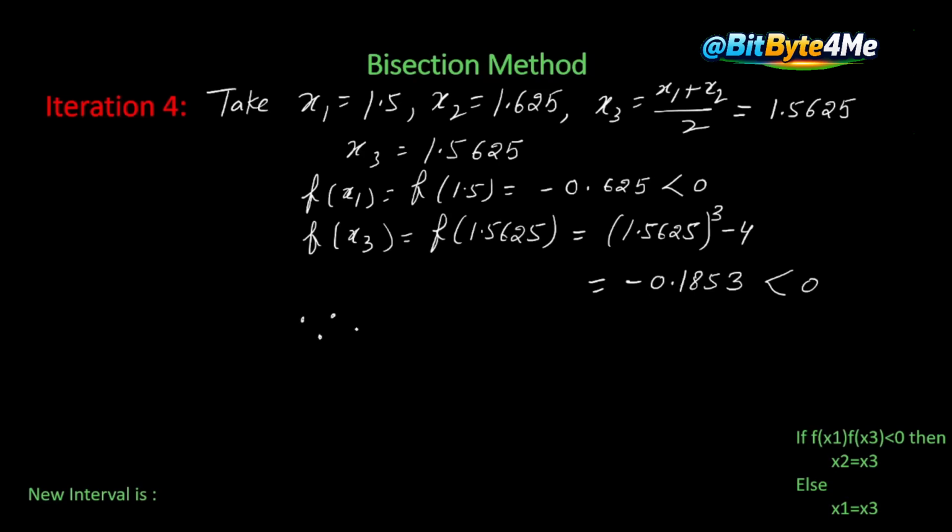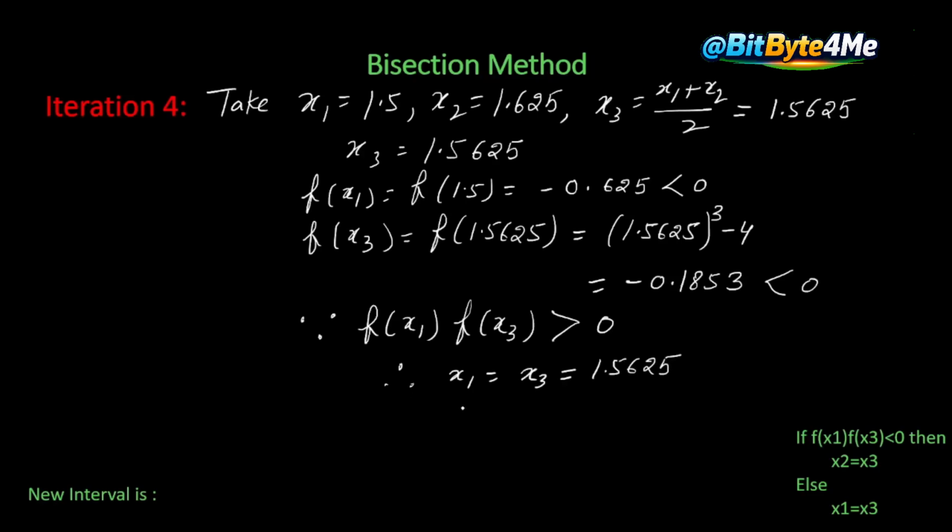Because f(x1) and f(x3) multiplied together is positive, see the rule: if the value of f(x1) into f(x3) is less than 0, x2 will change, otherwise x1 will change. Therefore x1 is equal to x3. x3 is this value, 1.5625.